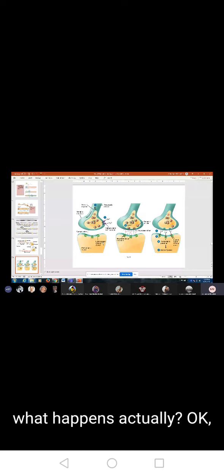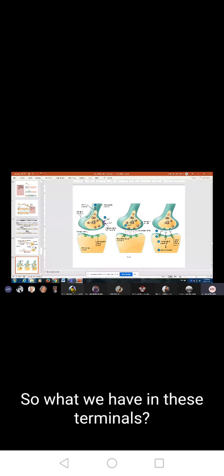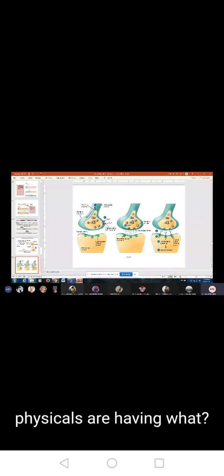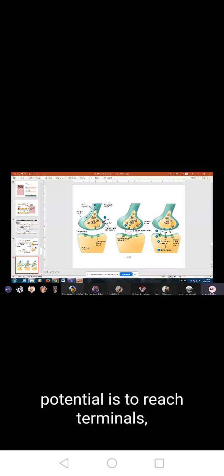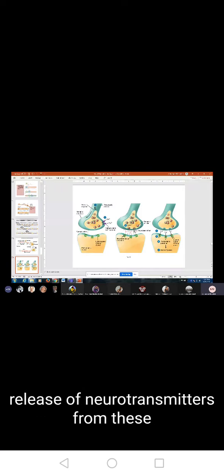Okay. Now, at the terminals, what happens actually? Okay, so what we have in these terminals? We have vesicles, and these vesicles have neurotransmitters. So the purpose of having this action potential is to reach the terminals, and by reaching the terminals to cause release of neurotransmitters from these vesicles.